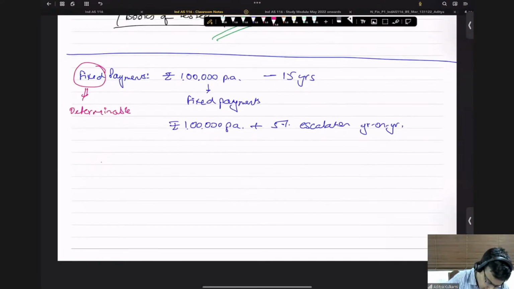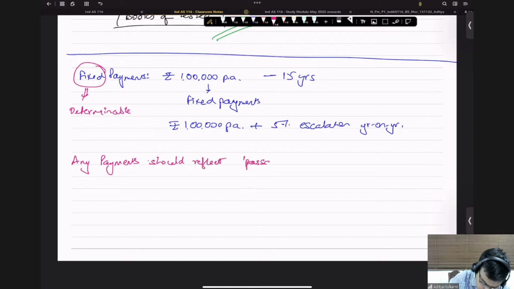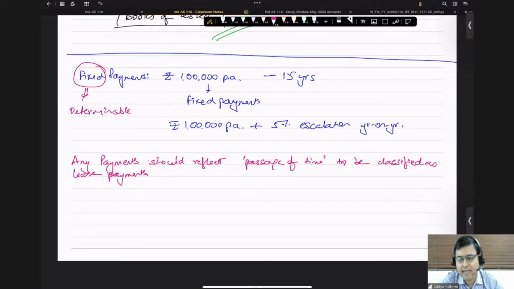So what is important is payments, any payments should reflect passage of time to be classified as lease payments. And how do you know it is taken as passage of time?